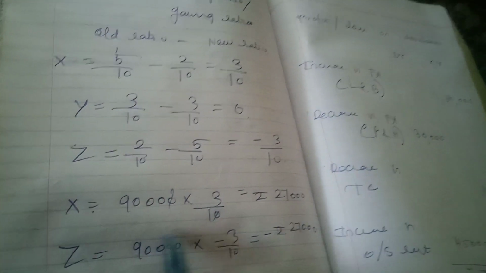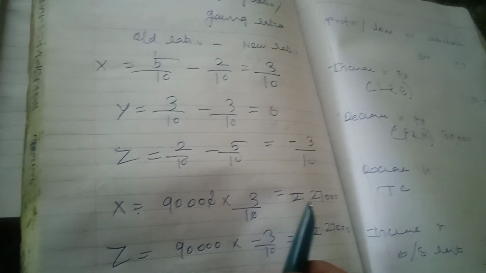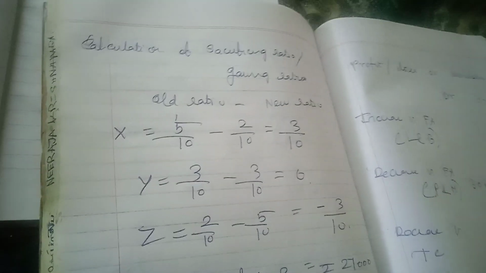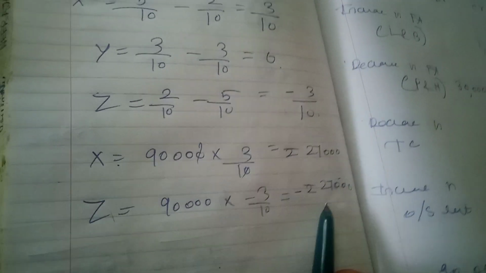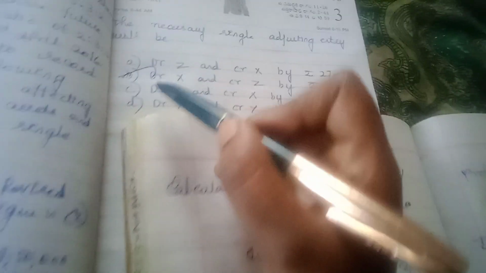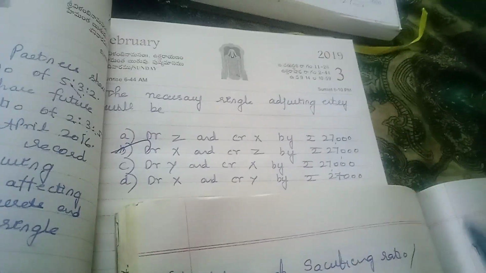So, as per the journal entry, we have to debit X by 27,000 and credit Z by 27,000. So, the entry will be debit X and credit Z by 27,000.